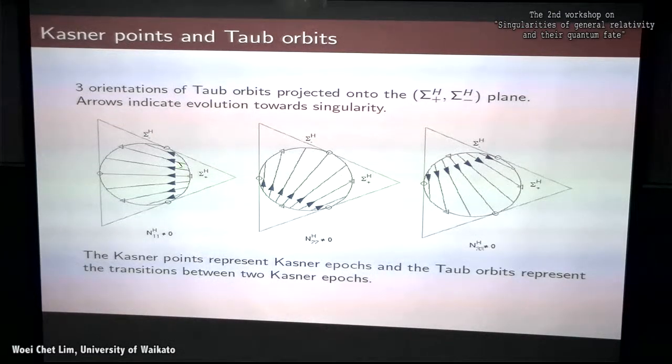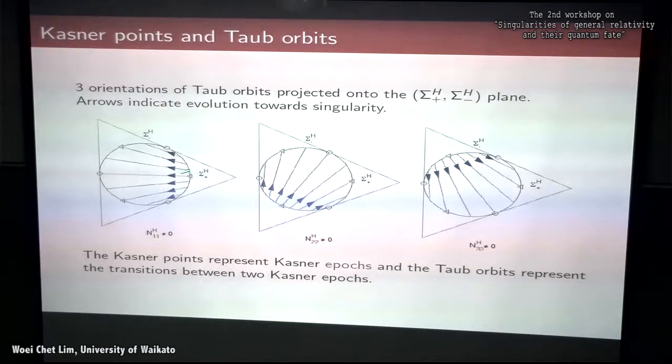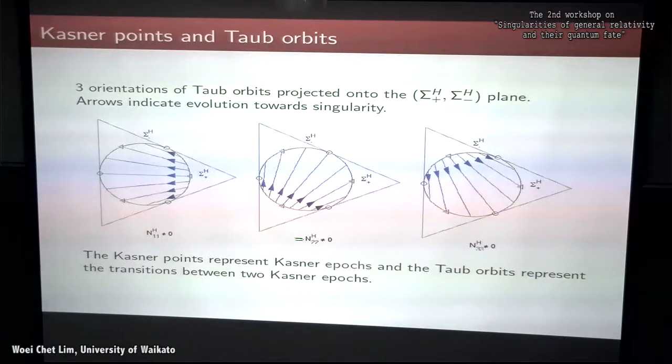So it can go above with n11 positive or go below with n11 negative. Now, these orbits are building blocks. So if you consider Bianchi 8 or 9, all three n components or n eigenvalues are active.